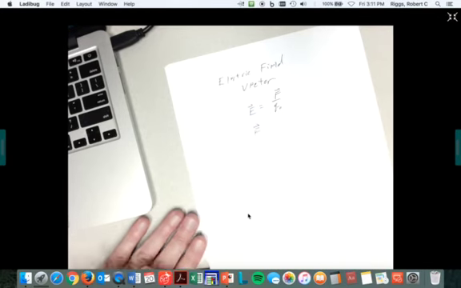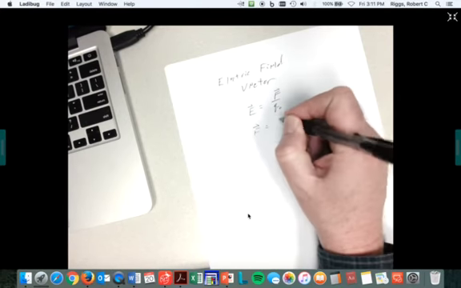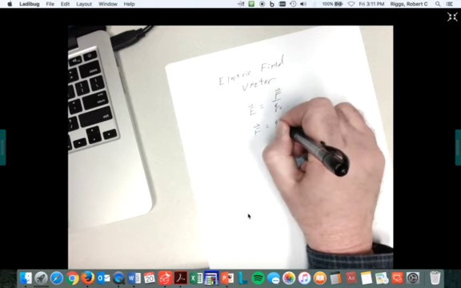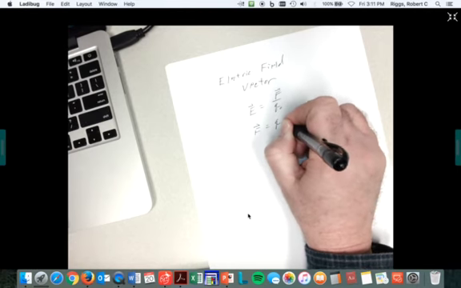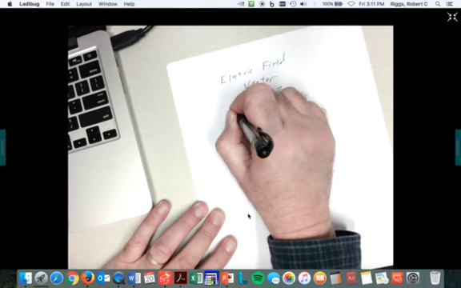Like if you say, okay, I know the electric field and I place a charge of 2.8 times 10 to the negative 8 coulombs inside of it. I've got an electric field of 14,000 newtons per coulomb, and I put a charge of this magnitude inside there, then I could find the force on it would be Q naught times E, or QE. Okay, so there's equation 1 for an electric field.